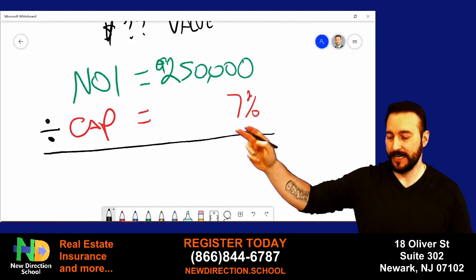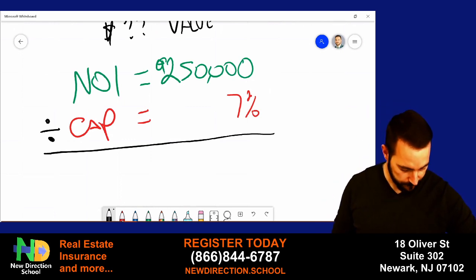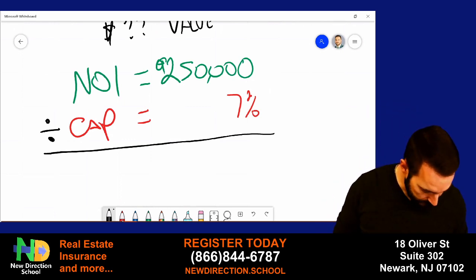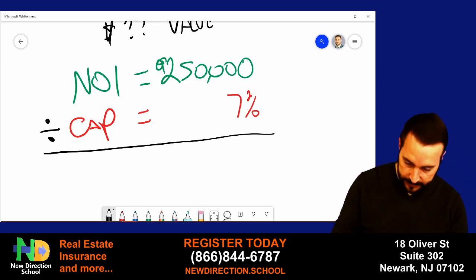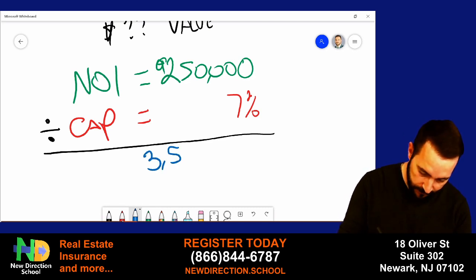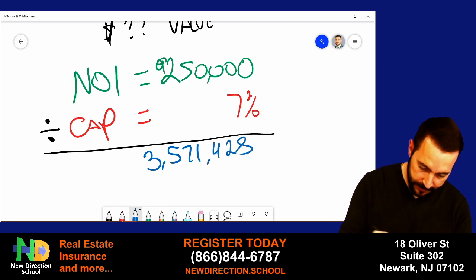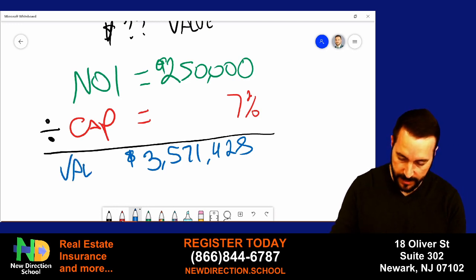So what do we have here? We have 250,000 divided by 0.07. This property is worth $3,571,428. This equals value.